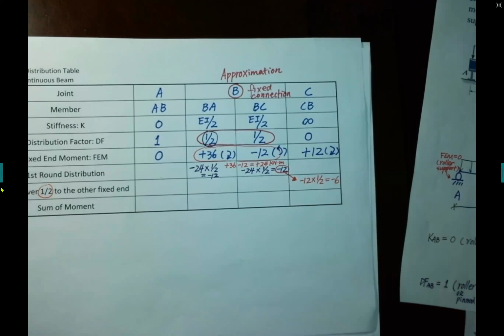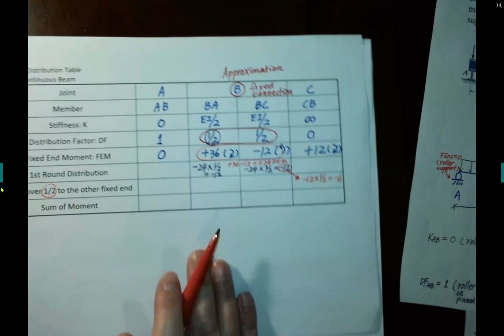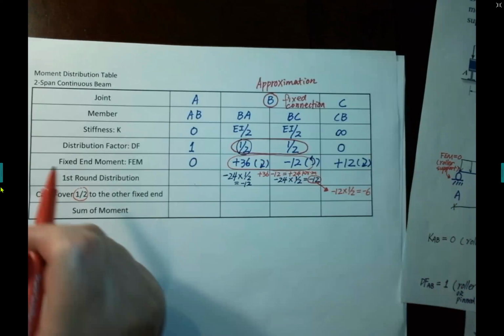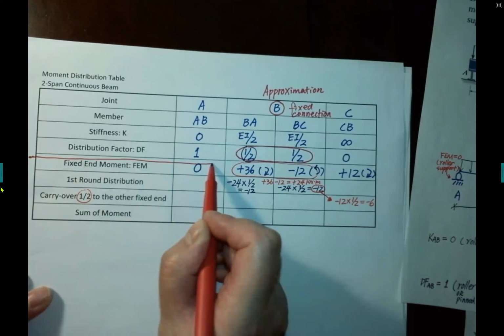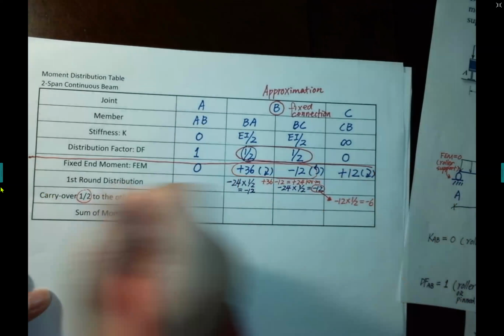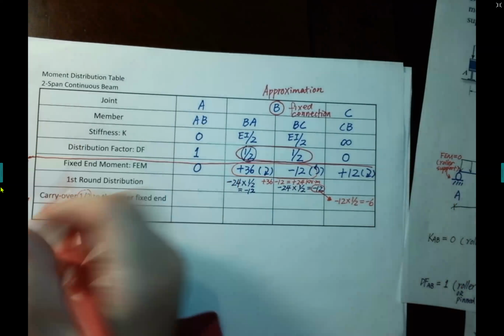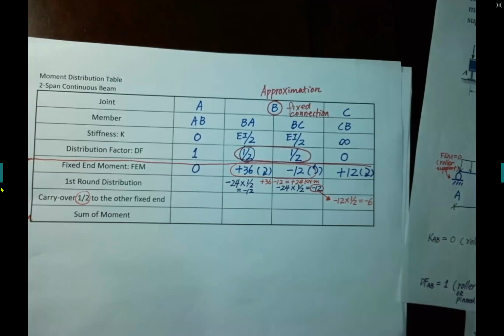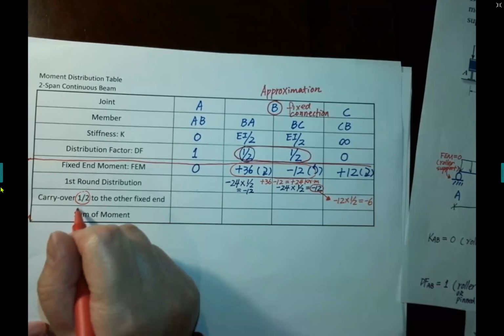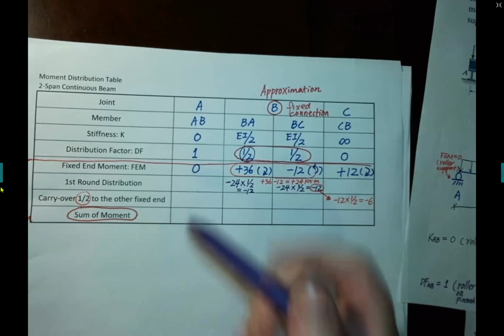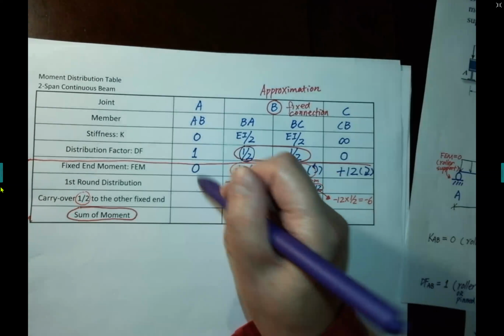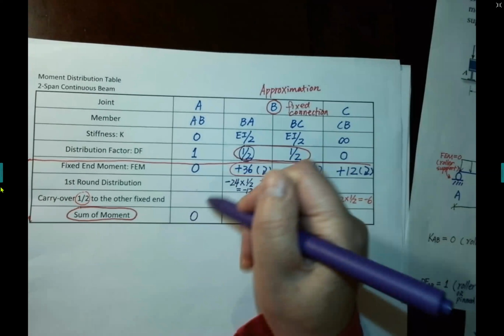After that, we do a sum of the moments, starting from the fixed end moment. So we sum everything from the fixed end moment. At the A side it's 0, everything in this line.